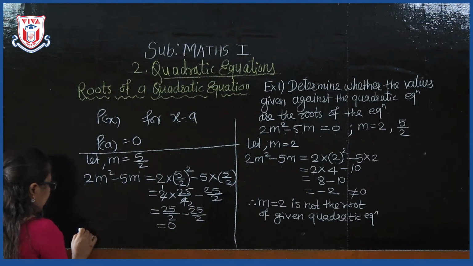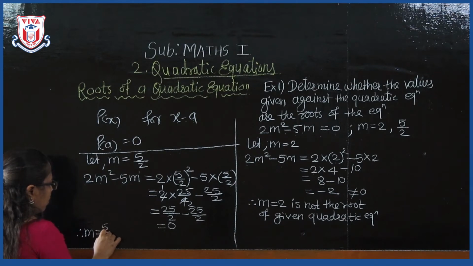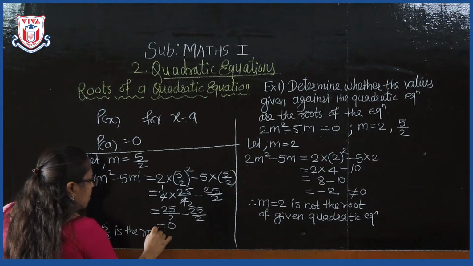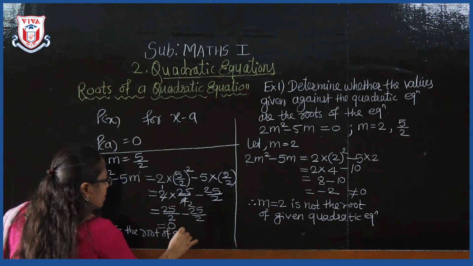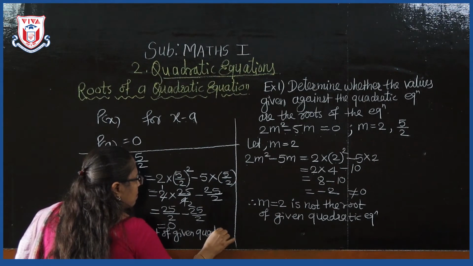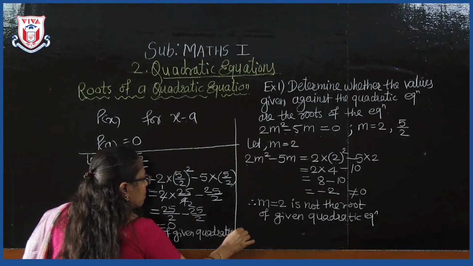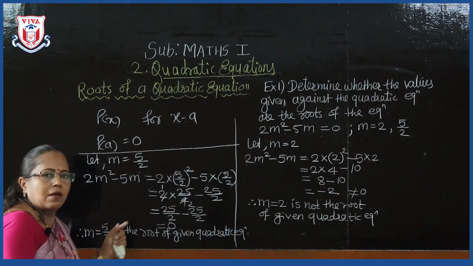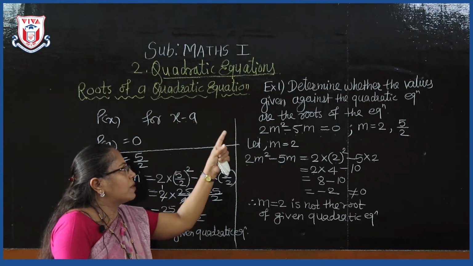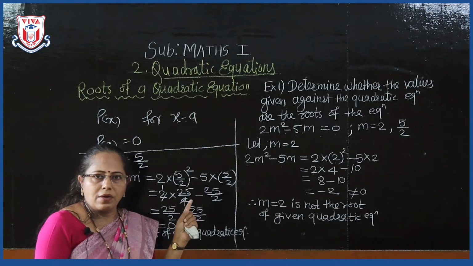So we will write here the answer. Therefore, m equal to 5 upon 2 is a root of the given quadratic equation. Followed? How to decide whether the given value is a root of the quadratic equation or not. Understood?